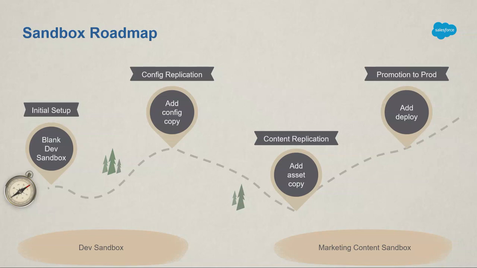As I mentioned, the first step is just to give you a blank sandbox, but then we're looking to allow you to sync your configuration from production into that sandbox so you can have like-for-like settings. The next step is going to be allowing you to copy your assets over so that you have all the ingredients if you are, say, testing out an engagement studio program or testing out an automation.